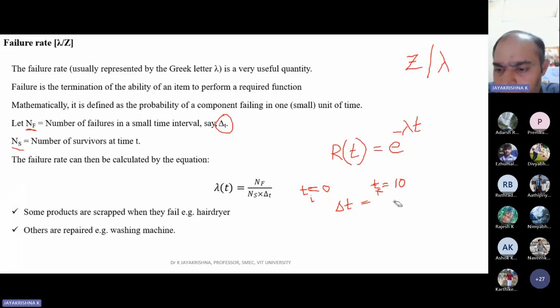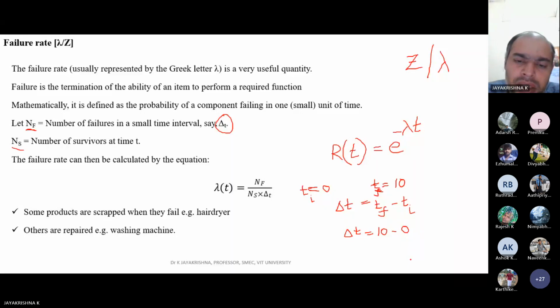If initial time is 0 and the final time is 10, what is delta t? Delta t is t of f minus t of i. So delta t is 10 minus 0 in this case.